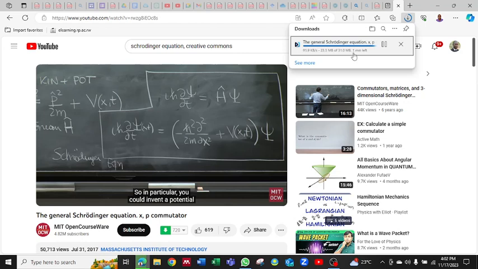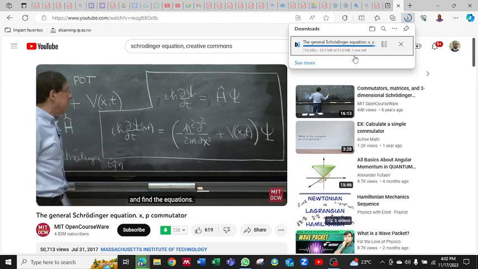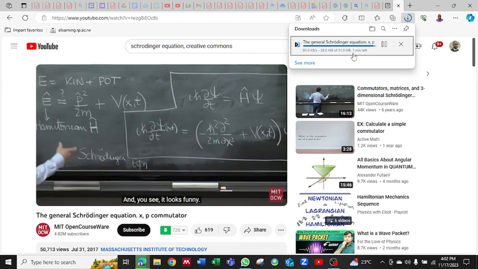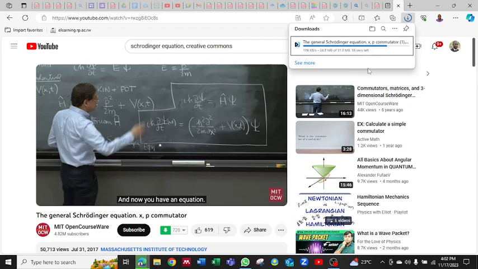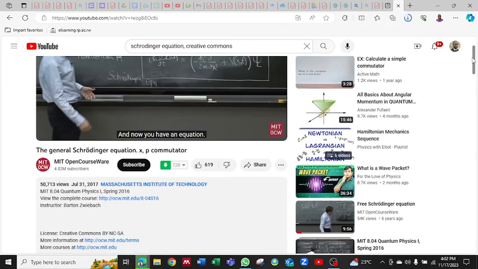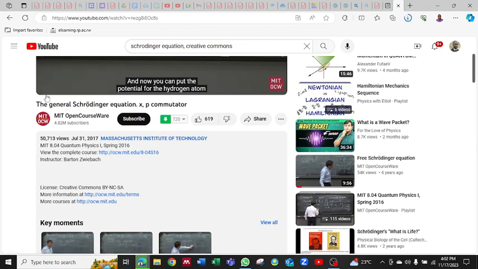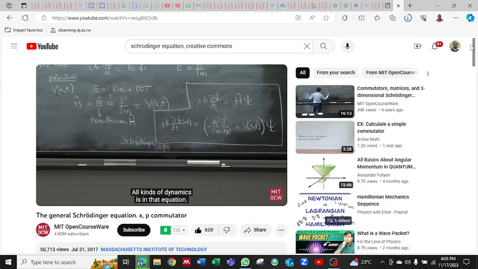So in particular, you could invent a potential and find equations. And you see, it looks funny. You've made a very simple generalization. Now you have an equation. And now you can put the potential for the hydrogen atom and calculate and see if it works. And it does. So it's rather unbelievable how very simple generalizations suddenly produce an equation that has the full spectrum of the hydrogen atom. It has square wells, barrier penetration, everything. All kinds of dynamics is in that equation.